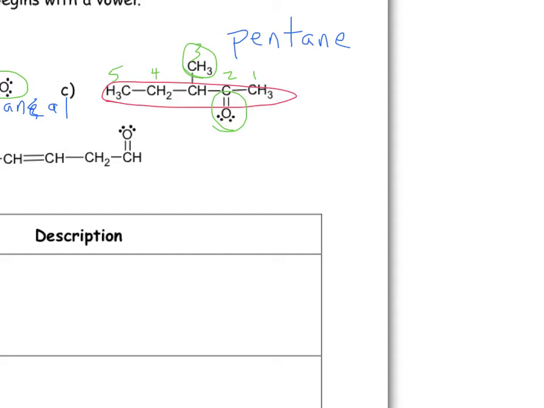Because I have my carbonyl on carbon number 2, this is in the ketone family. I would add a position number and use the suffix -one. And because my suffix begins with a vowel, I have to remove the E on the pentane. The methyl group gets described in the prefix. The final name for molecule C is 3-methylpentan-2-one.